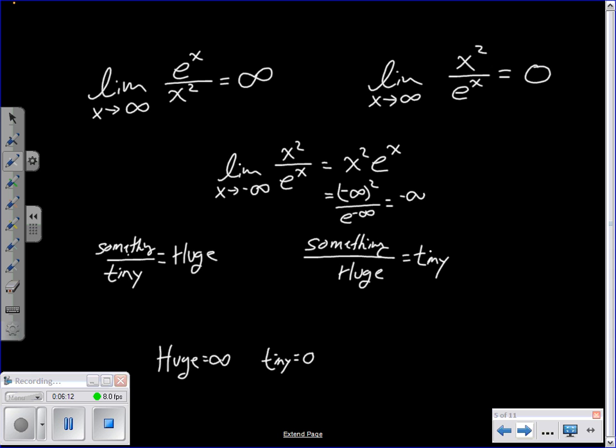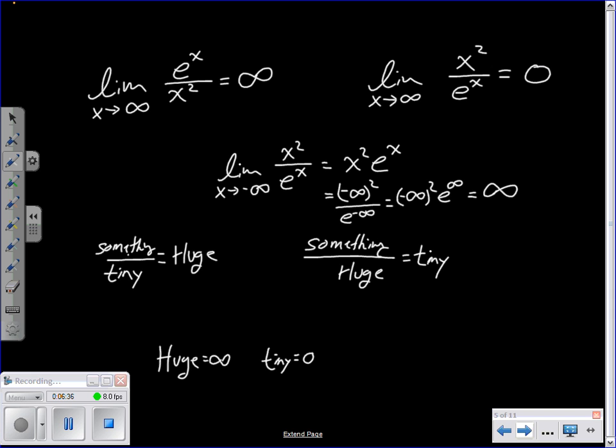So negative infinity squared times e to the infinity. As my values of x get really, really large, I'm squaring numbers and then multiplying them by e to the infinite power. So 10 squared times e to the 10th, 100 squared times e to the 100th. These numbers are getting larger and larger, and they're going to diverge to positive infinity.